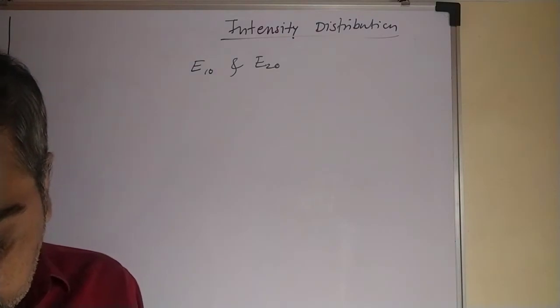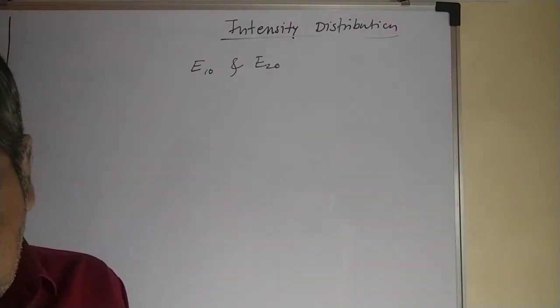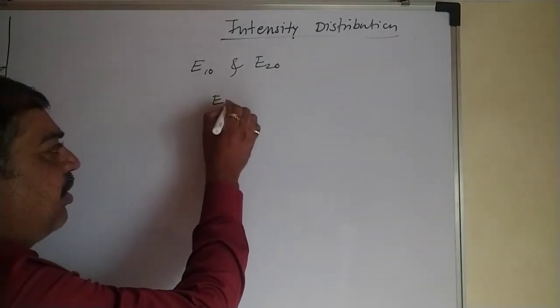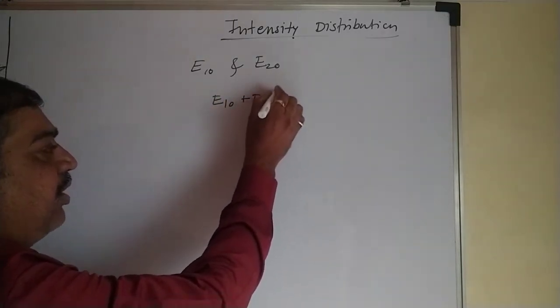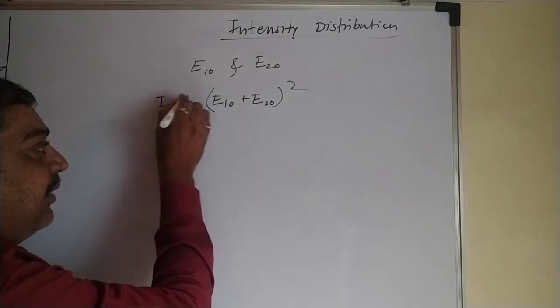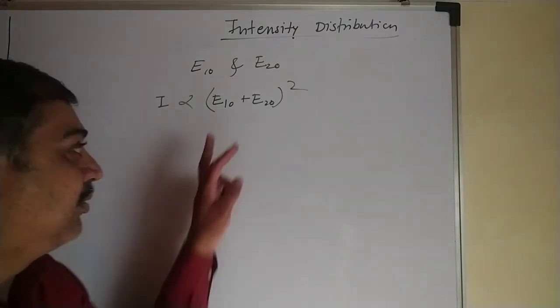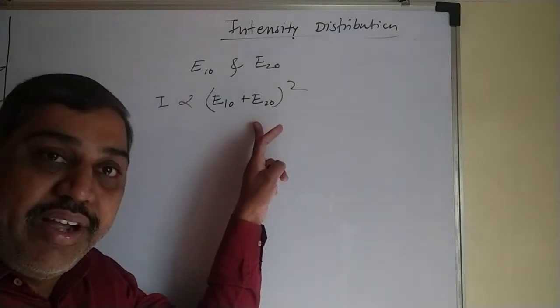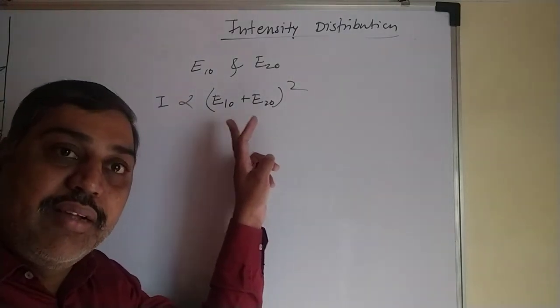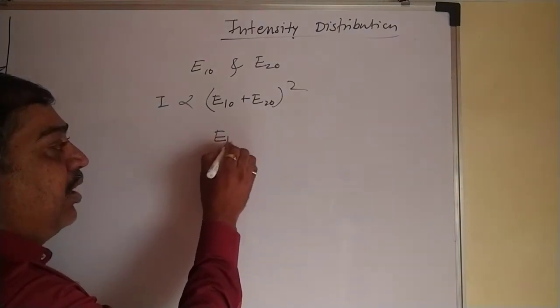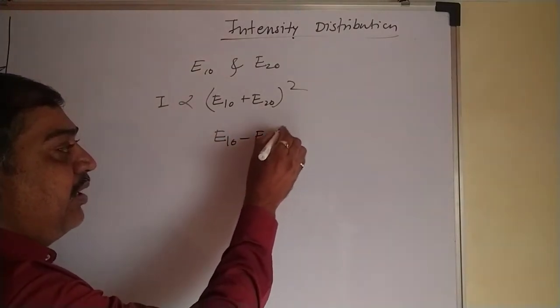In this situation, the intensity is proportional to the square of the sum, E10 plus E20 whole square. This is the maximum intensity for a bright point, or constructive interference. But in case of destructive interference, it becomes E10 minus E20 whole square.